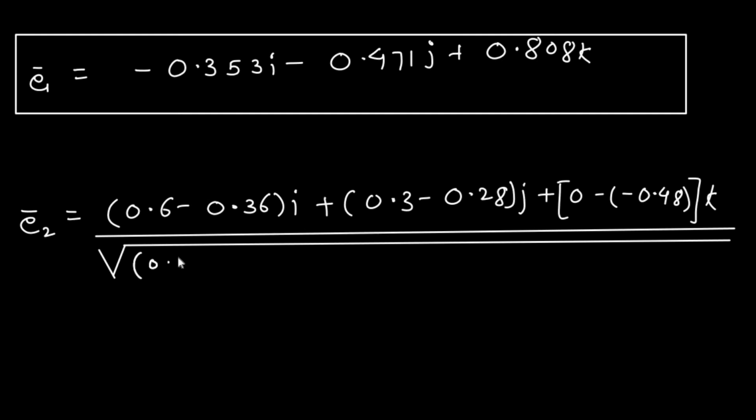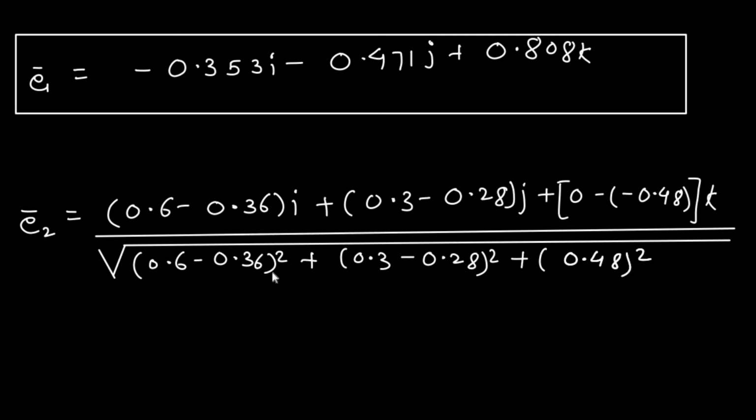That is 0.6 minus 0.36 square plus 0.3 minus 0.28 square plus 0.48 square. Directly I am writing minus minus as plus. After doing the calculation, we get the relation as 0.24i plus 0.02j plus 0.48k.